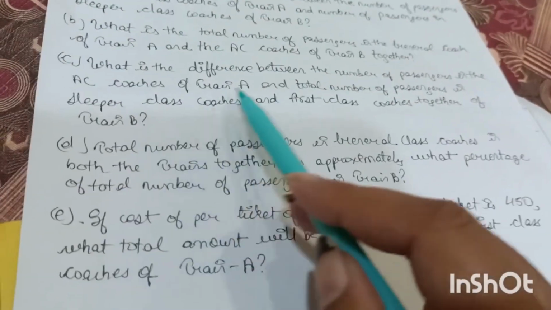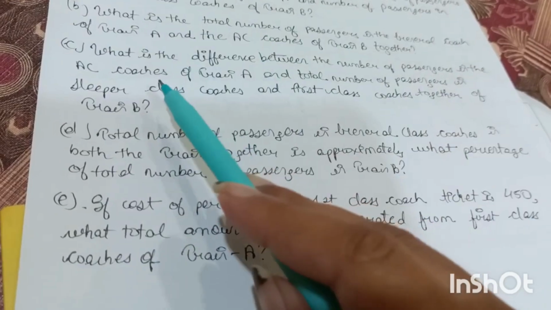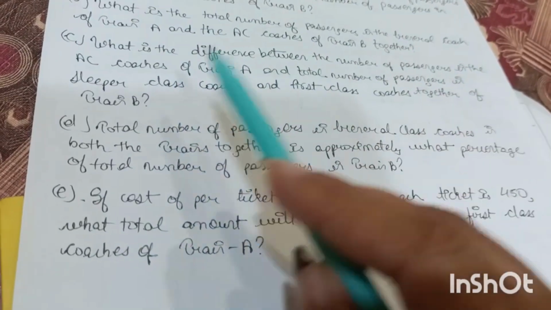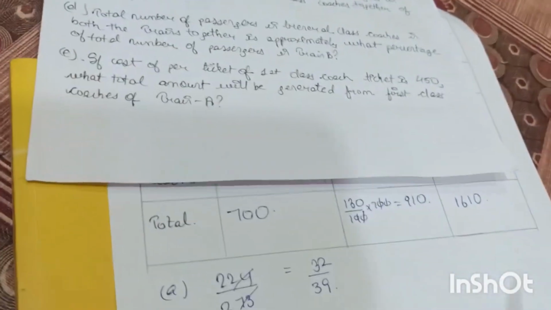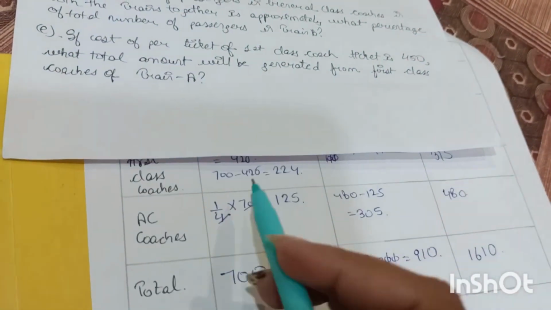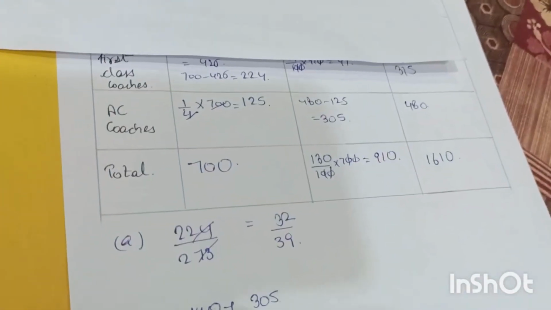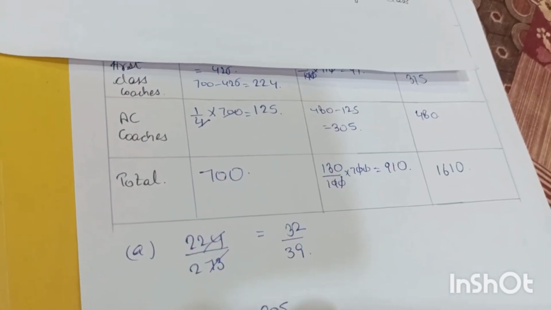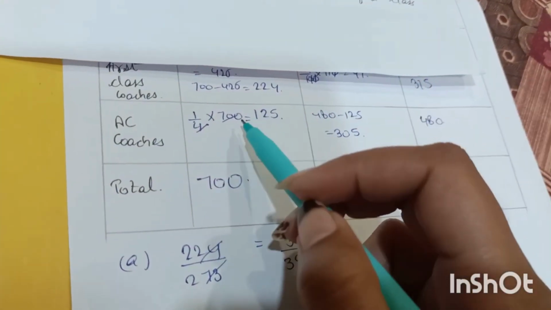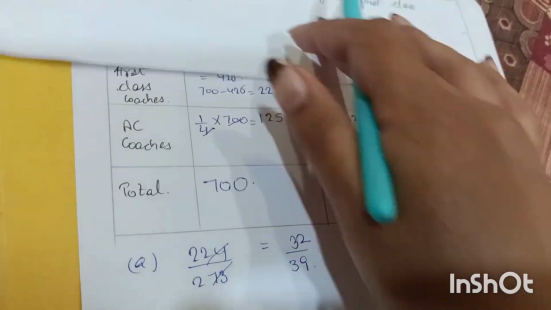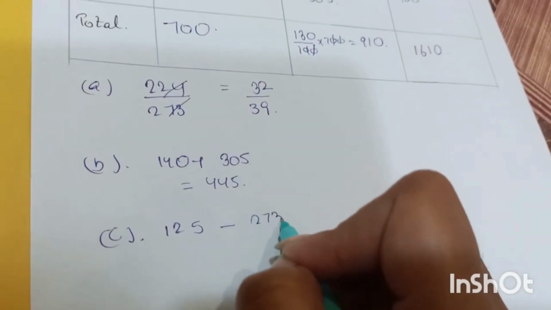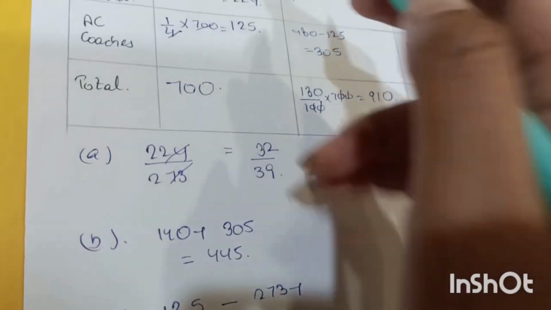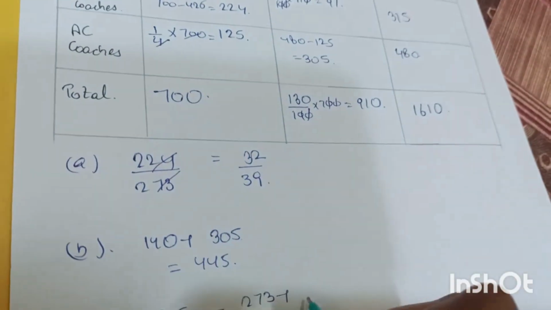So now let's see what is the difference between the number of passengers in AC coaches of train A and total number of sleeper class and first class together in train B. So AC class in train A is 125 minus total passengers of sleeper class in B, 273 plus first class in train B, it is 91.